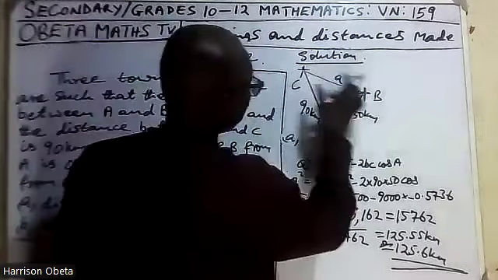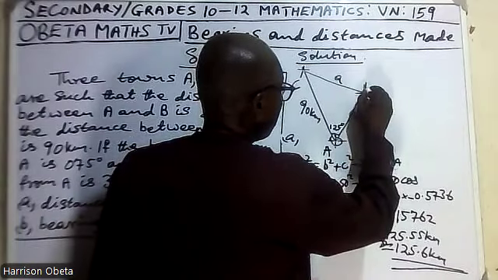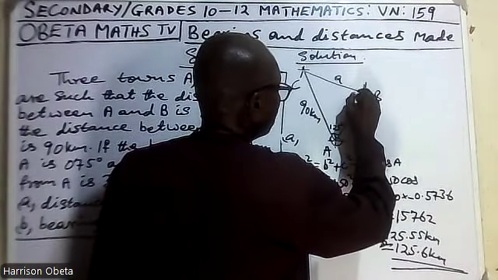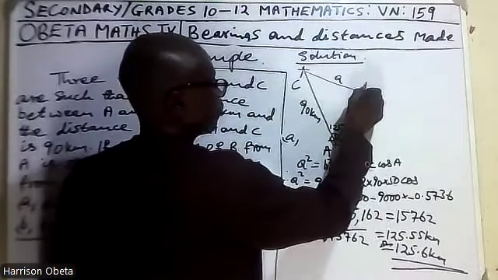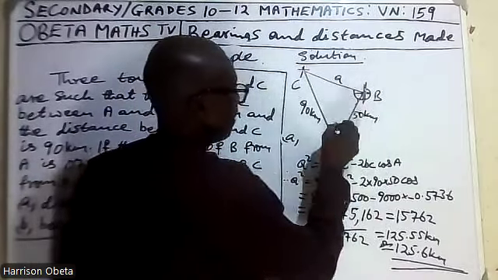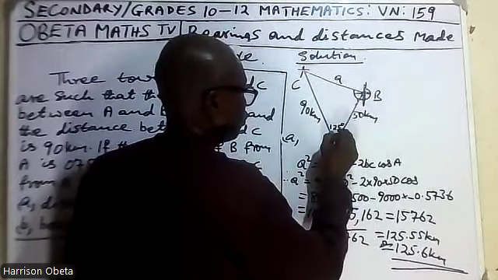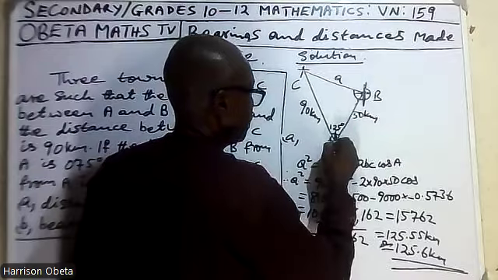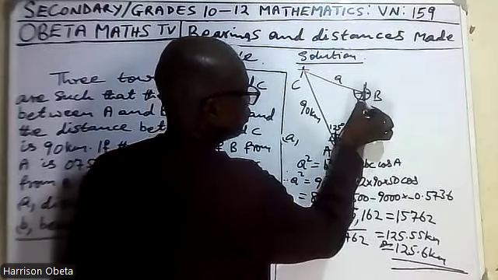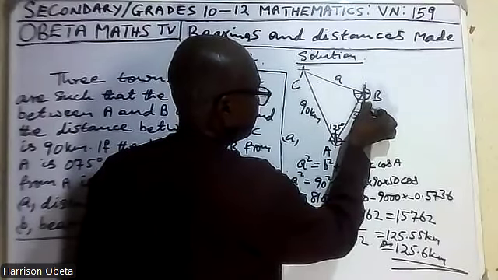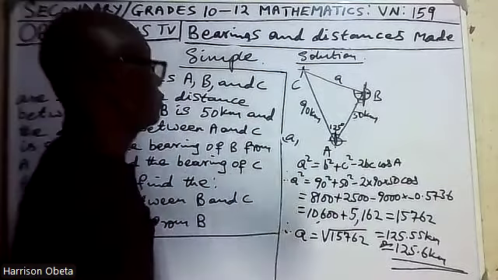Bearing of C from B should be from here, continue until the line joining BC. Now, for you to do it, remember this line is parallel to this. And then the angle here we know is 75 degrees. So this should also be 75 degrees. Why is it like that? Alternate angles are equal.